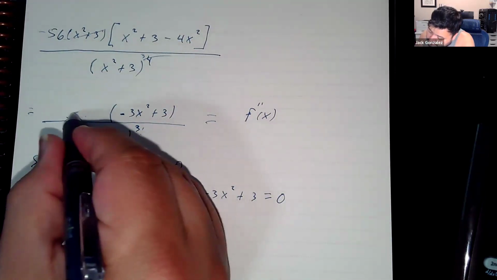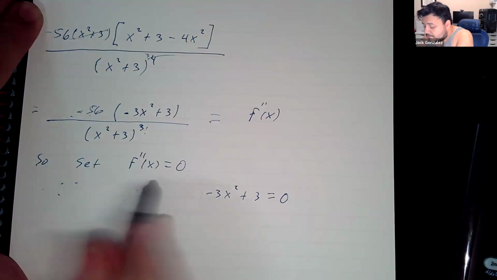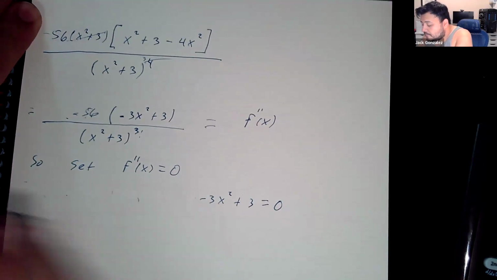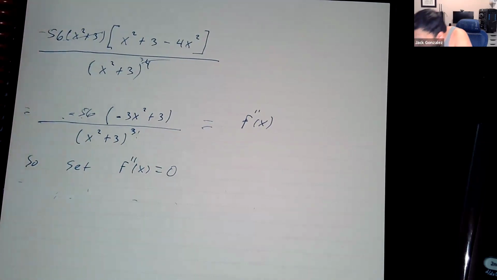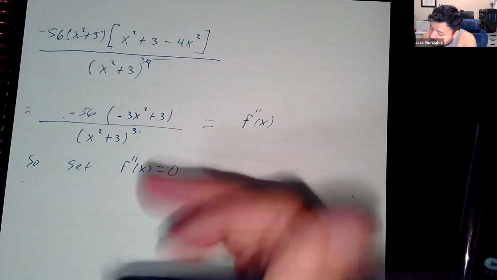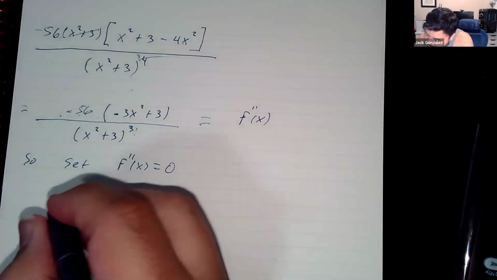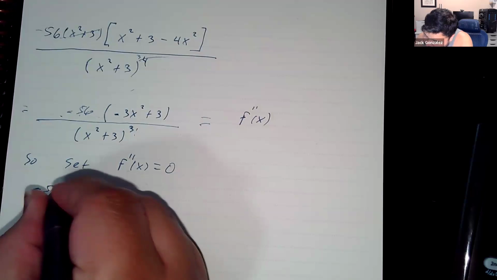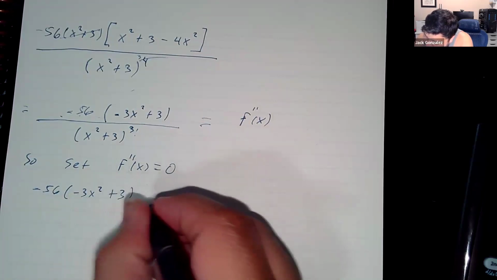So all I've got is a negative 56. So don't solve this. But even if you did, you can't. It doesn't make a difference, but you should have noticed that. So all we have is this.